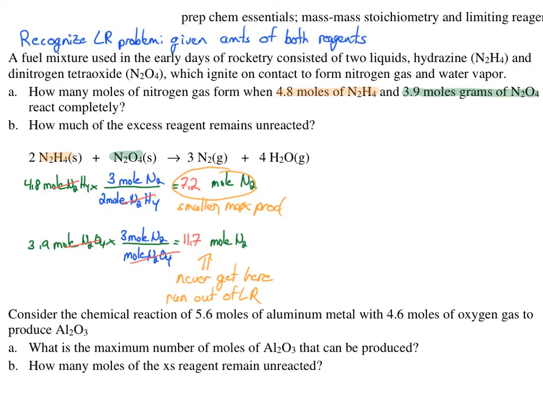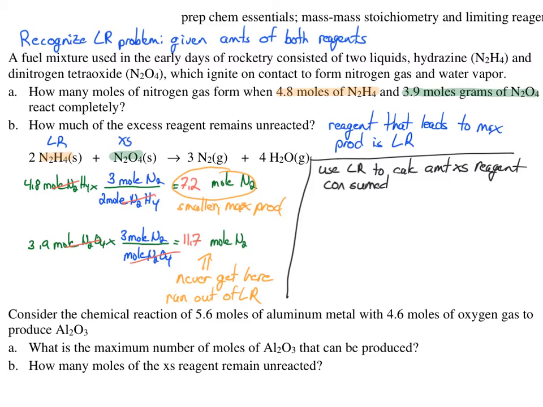So we choose the smaller of the two amounts, and that's our max product. The reagent that leads to the max product is our limiting reagent. So in this case, N2H4 leads to our max product, and that means N2H4 is our limiting reagent. The other reagent is our excess reagent.